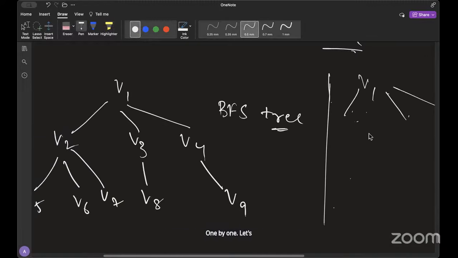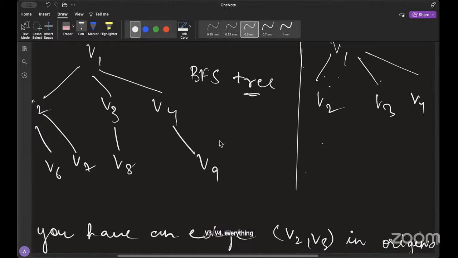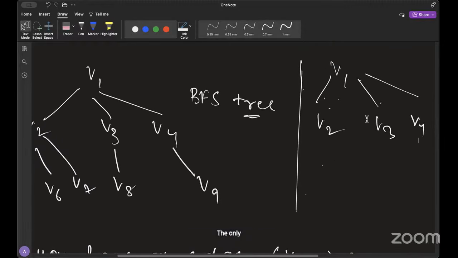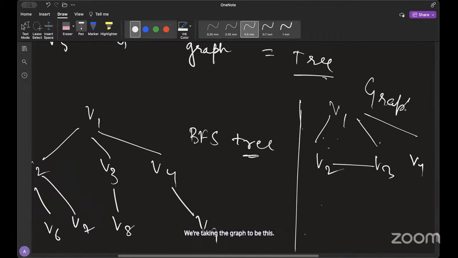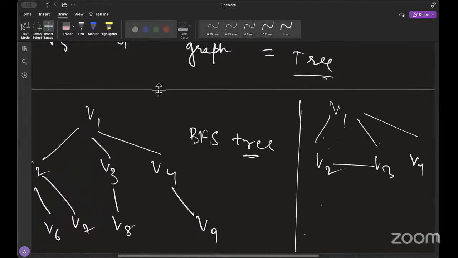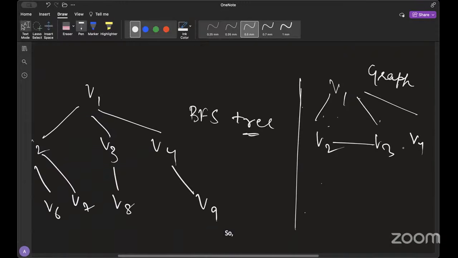Let's say this is your graph, V1, V2, V3, V4. Everything is the same as this tree. The only difference is we're taking an extra edge here. We're taking the graph to be this.